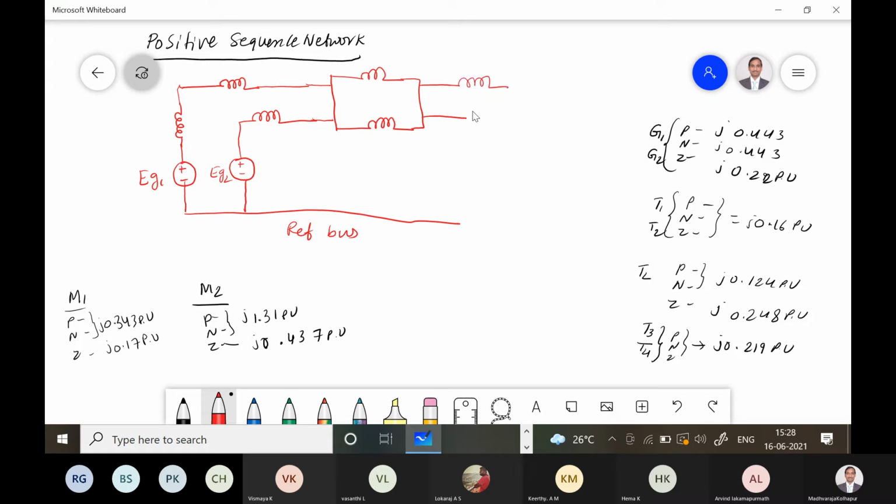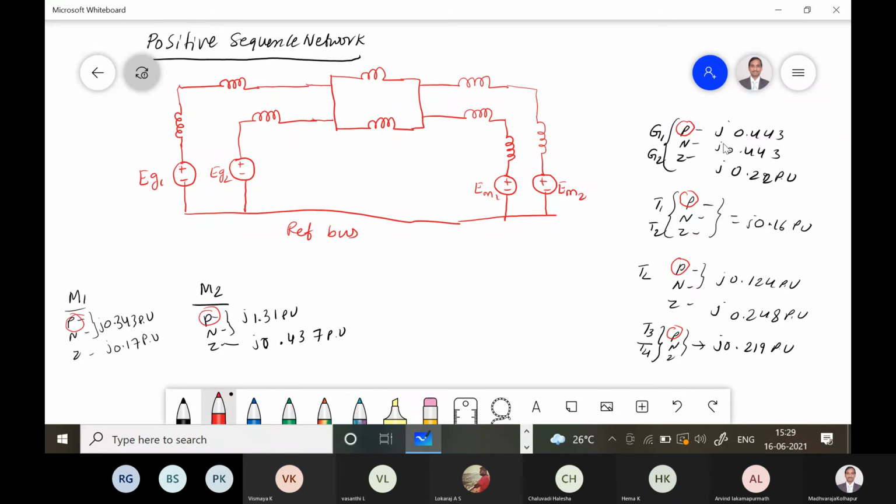And transformers 3 and 4, and motors EM1 and EM2, positive, negative. So this is the positive sequence network. Write all the positive terms, that is, mention all positive sequence reactances.